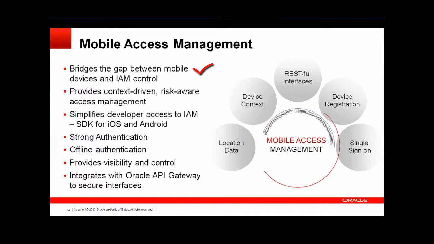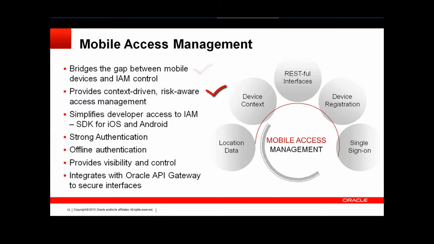That's what we wanted to do as part of mobile access management: take your existing IAM infrastructure and extend it to your mobile devices. The mobile access management solution that we provide does exactly that. It provides you that bridge between your mobile devices and the existing IAM controls that you have in place.